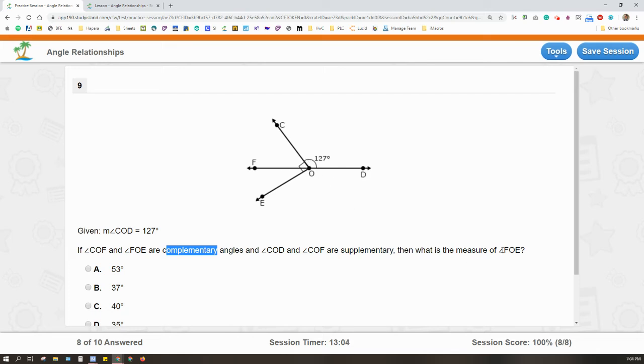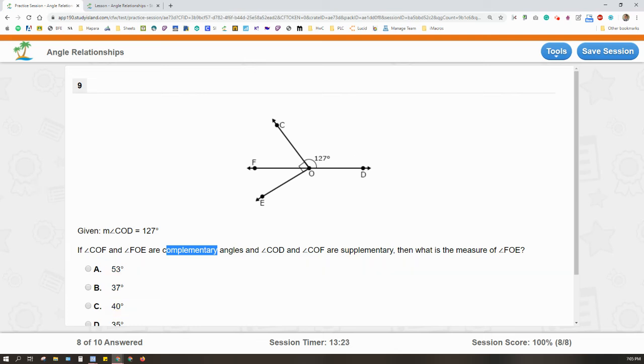So what's the measure of FOE? We know FOE plus COF is 90, and we know COF plus 127 is 180. So let's start by finding COF. Angle COF, I'm just going to call that X for now.